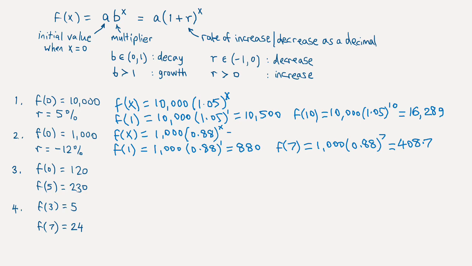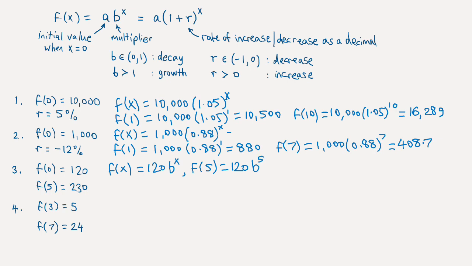So the way that we can solve this is, let's write down what we know. So we know the value of a, it's 120, but we don't know the value of b. So this is what our function looks like.